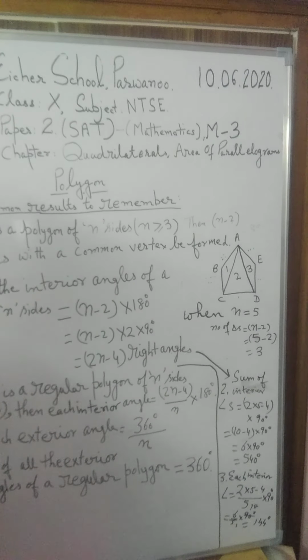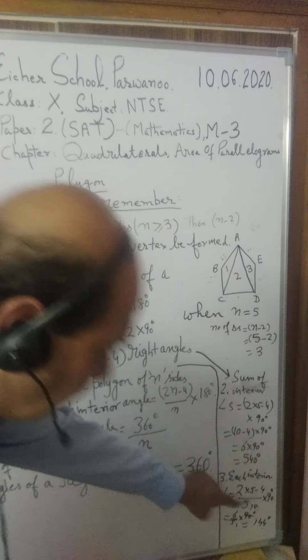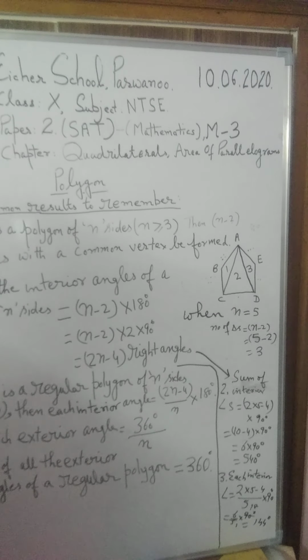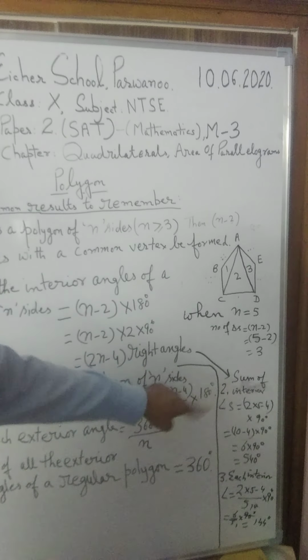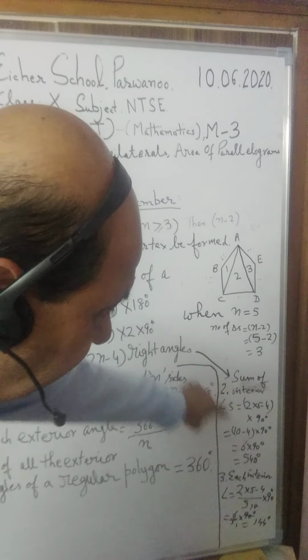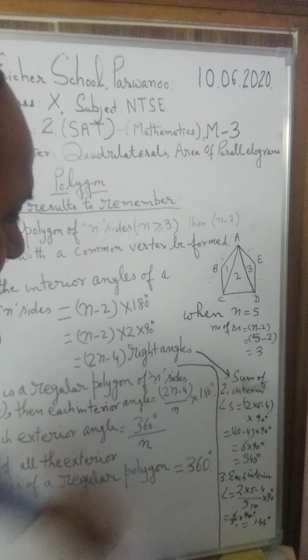Now we come to the fourth property. The 144 gives each interior angle, and the sum of interior angles we have calculated in the second property is equal to 540 degrees.